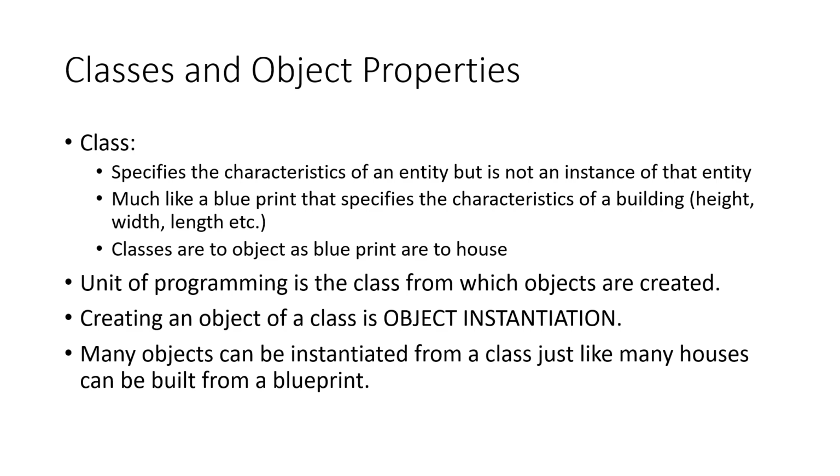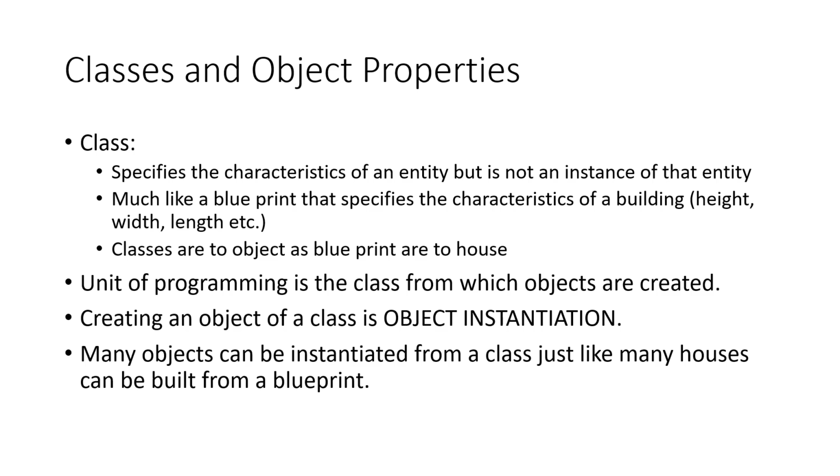So much like a blueprint that specifies the characteristics of a building, like its height, its width, its length, the same thing goes with class. That's why we say class is a blueprint of an object.